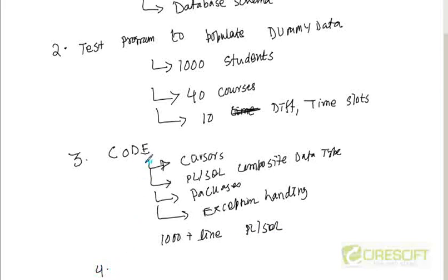Number 4, after you finish coding, do thorough testing. Populate dummy data, then test your algorithm: how long it takes, how effective it is, and whether the groups you create make sense when you see the results yourself.